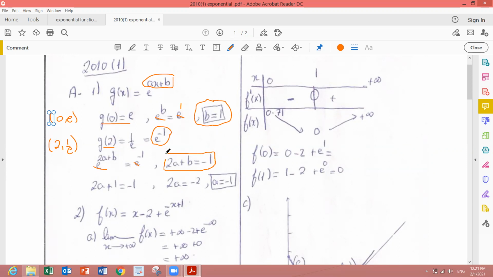Replacing b by 1, we found b is 1, so 2a plus 1 equals minus 1. Taking 1 to this side, 2a equals minus 2. a equals minus 2 over 2, a equals minus 1.